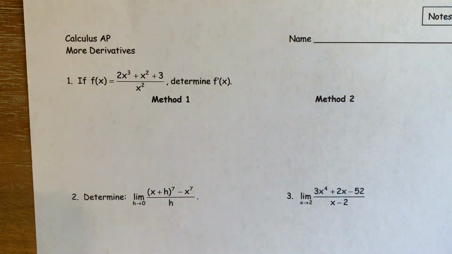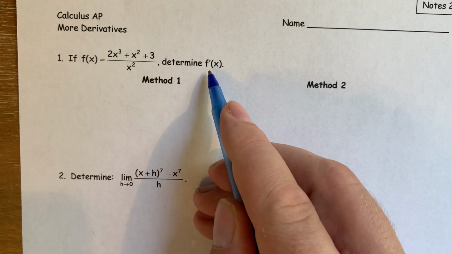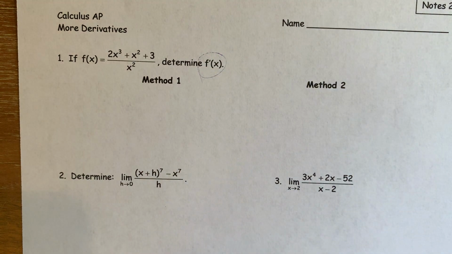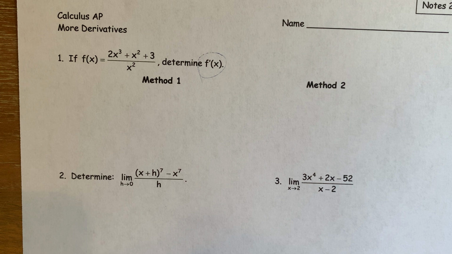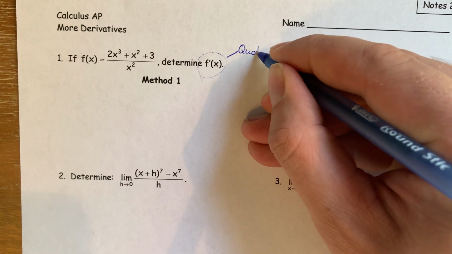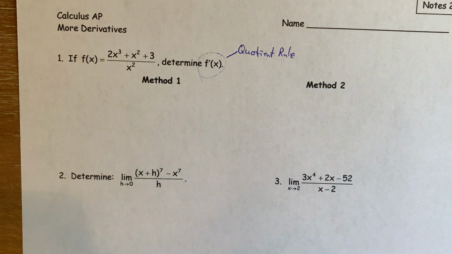Okay, let's see where we're at. We should know 2 different ways to find f prime of x for this kind of function. Those 2 ways are the quotient rule, because it's dividing, so it's 2 things that we know how to do the derivative of dividing by each other.